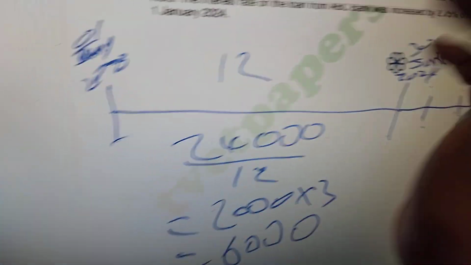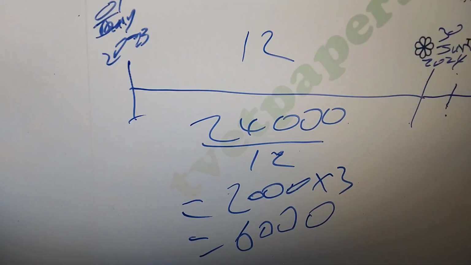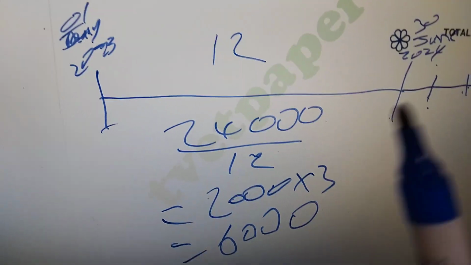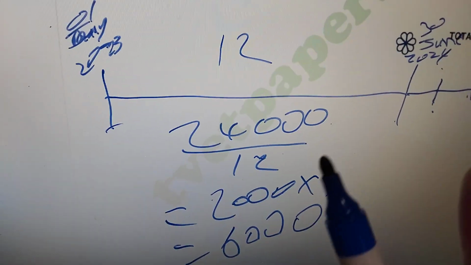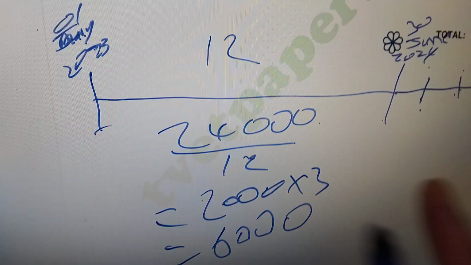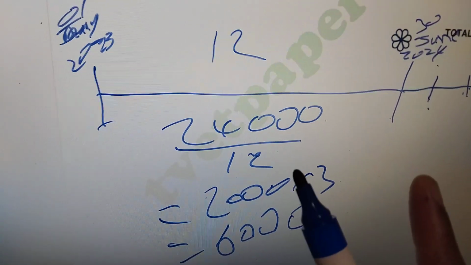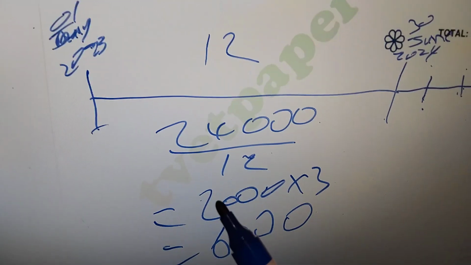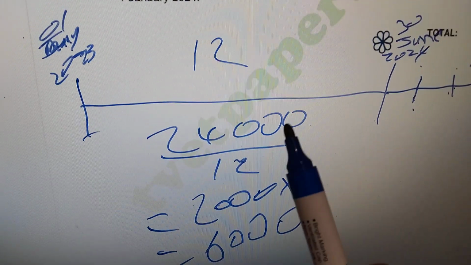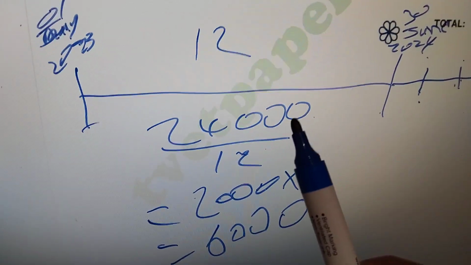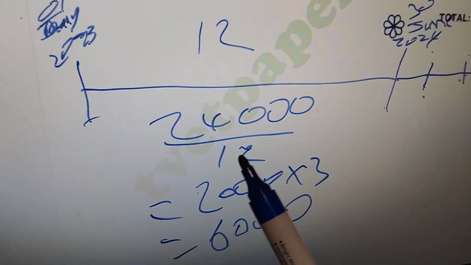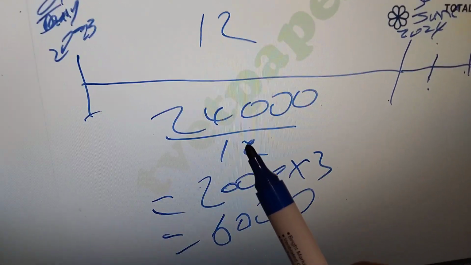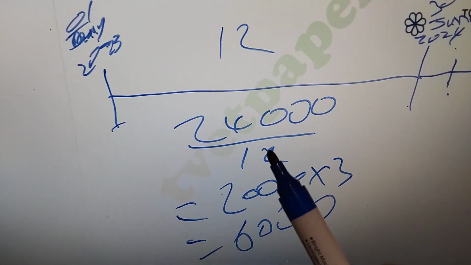So 24,000 divided by 12. When you divide it by 12, you want to know how much the sundry expense is for a month. It is 2,000. You don't divide this by 15, I repeat. You divide it by 12, because we've been told that this 24,000 is for annual, and annual is 12 months.